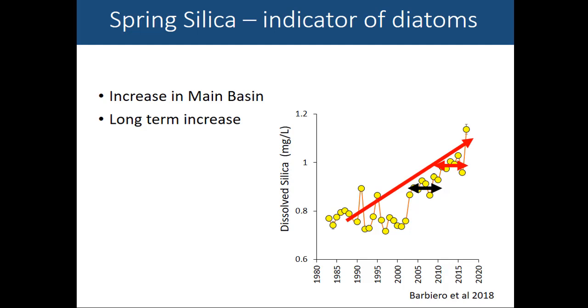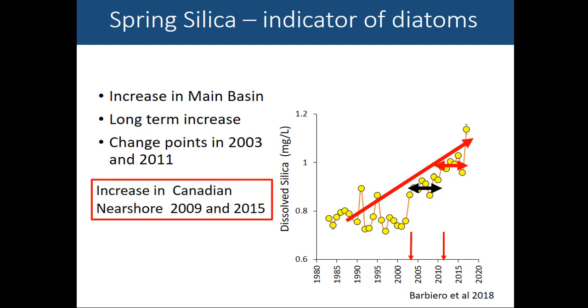There's a long-term increase in silica, again suggesting lower productivity of the lake. Change points again in 2003, and actually a further increase in 2011, and an increase in the Canadian nearshore. So all the silica indicators show a continued oligotrophication of the lake through this time period.